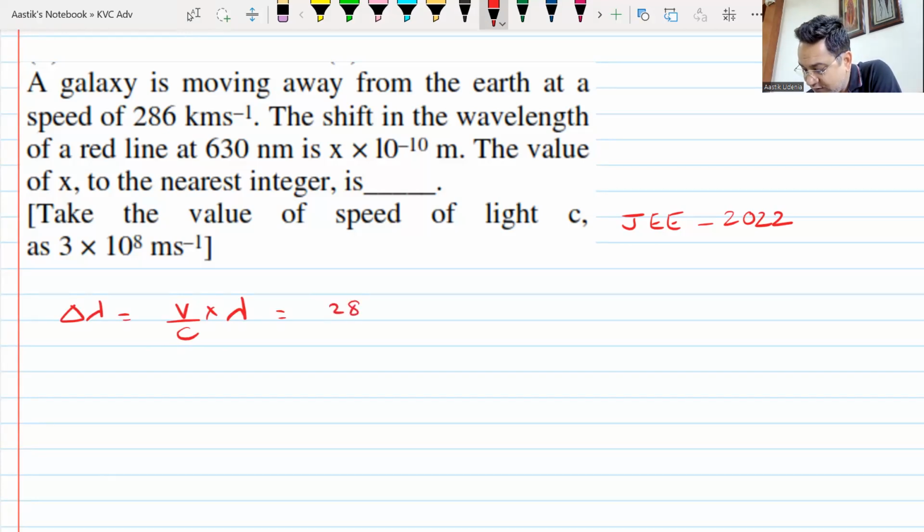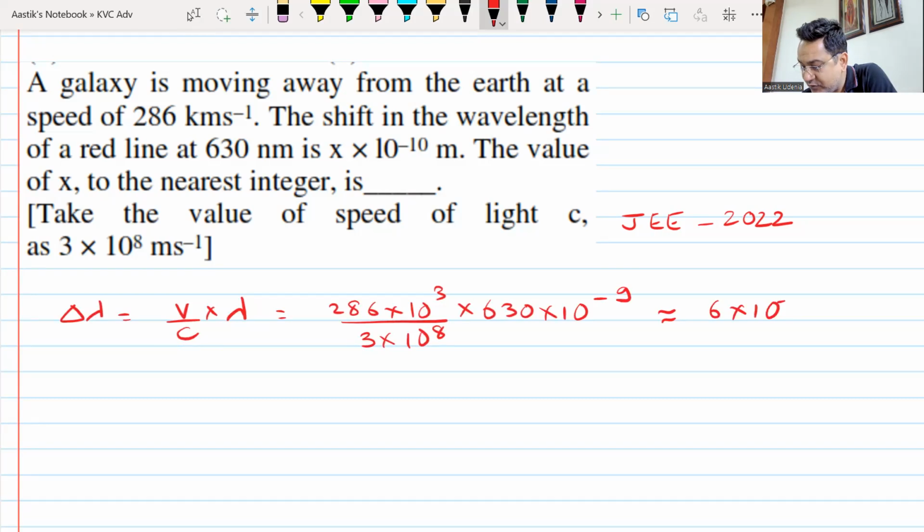So, 286 into 10 raised to the power 3 divided by the speed of light, 3 into 10 raised to the power 8, multiplied by 630 into 10 raised to the power minus 9 meters. I think the answer is going to come approximately 6 into 10 raised to the power minus 10. So the value of x is going to be 6.